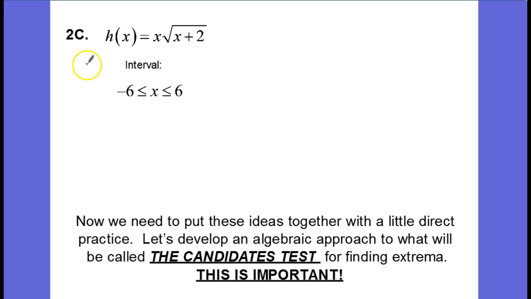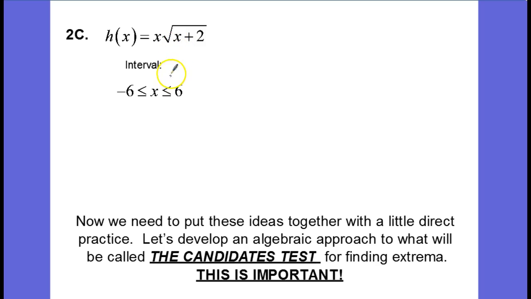Finally, let's take a look at part C. Here we have h of x is equal to x times the square root of x plus 2, and again we're going to be on the interval from -6 to 6 inclusive. Immediately we look at this radical and we realize that we're taking an even root of an expression. Here the radicand is x plus 2, and this radicand becomes equal to 0 at x equals -2.